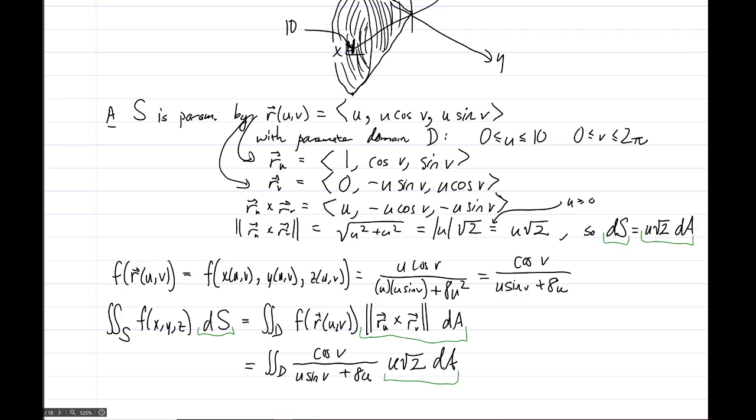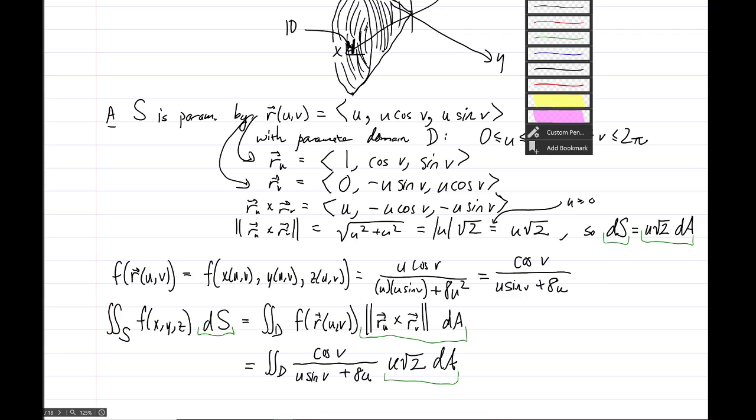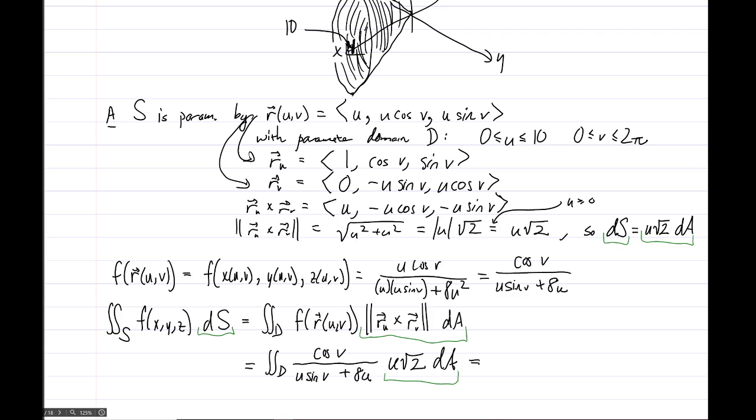Well, now what? This is actually a fairly nice integral to do. Let's leave a little bit of space between these two integral signs, because we'll replace the dA with a du dv or a dv du. You'll notice also that this u is going to cancel with those u's, just in terms of factoring in the denominator.